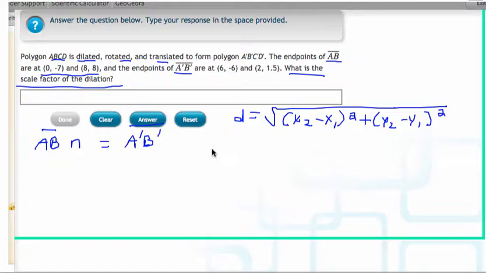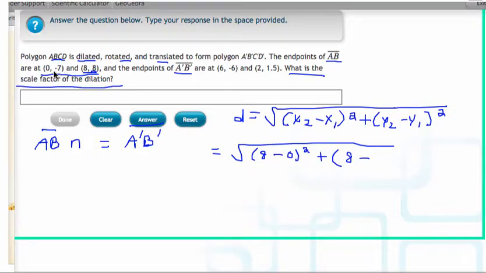So let's plug in the points. Let's call this point 2 at (8, 8). So x2 is 8 minus x1 is 0, quantity squared, plus y2 is also 8 minus y1 is negative 7, quantity squared.